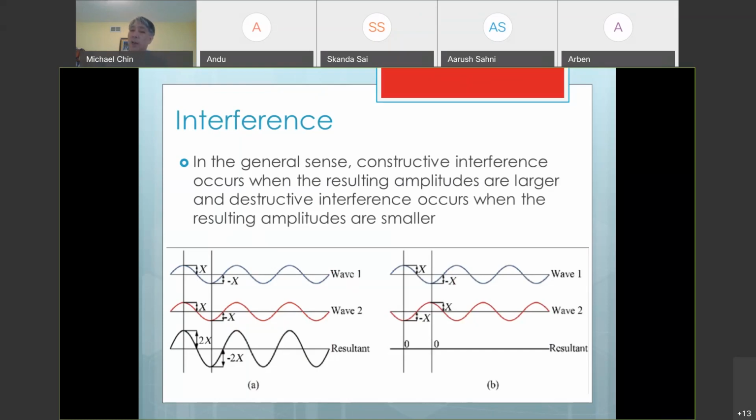If they're 180 degrees out of phase, when they sum together, it's always going to be 0 at all points in space. So basically nothing is happening, and even though there are 2 waves on this string, you just can't tell.